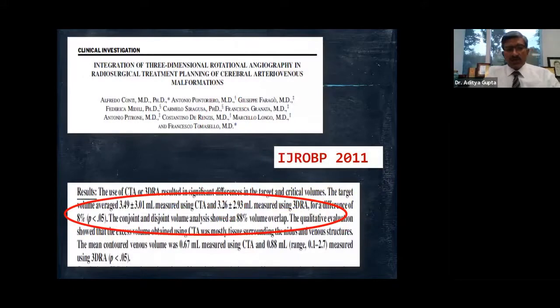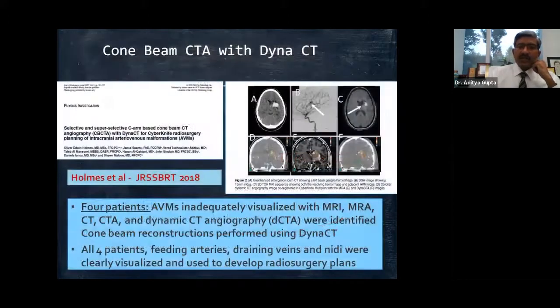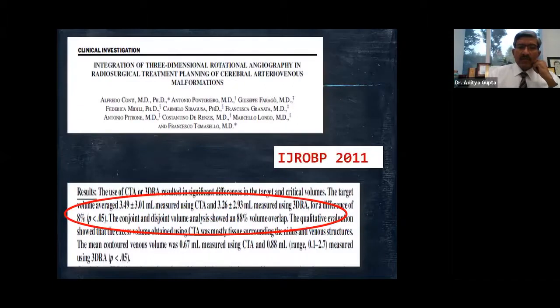Now, there is a lot of literature support to tell us that this is actually very valuable for the patient. And in this particular publication by Dr. Conti from Italy, he showed that there was clearly a 10% reduction in the marking of the AVMs by using this fine high quality cone beam CT angiography.